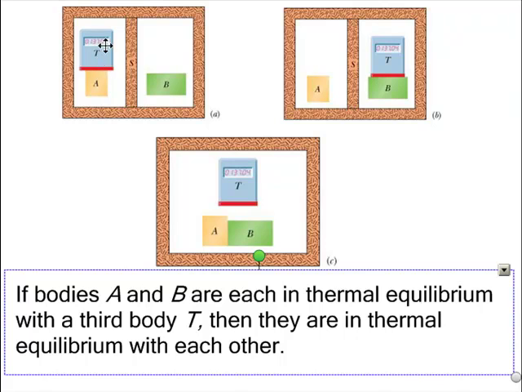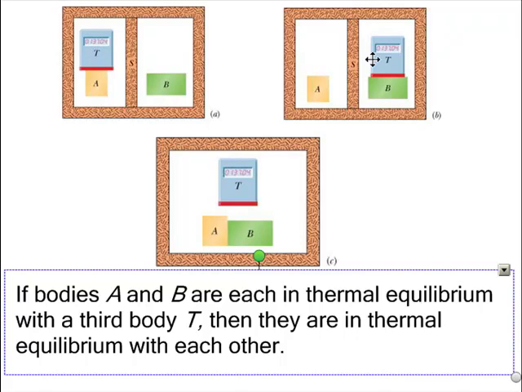If I take this same thermometer and I place it with system B until these two are in thermal equilibrium, and if I recognize that they have the same reading of temperature, that means that this system is the same as this system. Well, then I know system A and B, if I were to put them together, would be in thermal equilibrium. They would not change temperature at all.